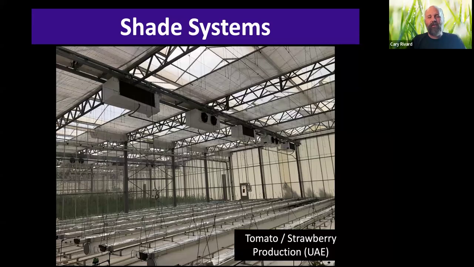Also, if you're trying to grow things like fruiting vegetables through the summer, a high-end, high technology shade system becomes really critical and helpful. They're also being used a lot these days as an energy curtain. We actually close them at night and it helps keep the air warmer underneath of them. So they can provide other benefits as well as shade. Incidentally, this is a greenhouse in Abu Dhabi.